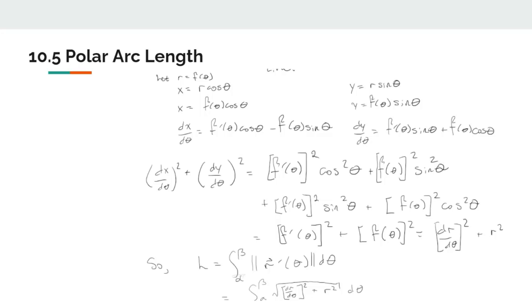I'm not sure, but it's basically just the magnitude of r prime of theta down here, and then this is all the calculations for r prime of theta. This was bad notation on my part, but this vector r right here is really the parametric equation for the curve drawn out by this little r.